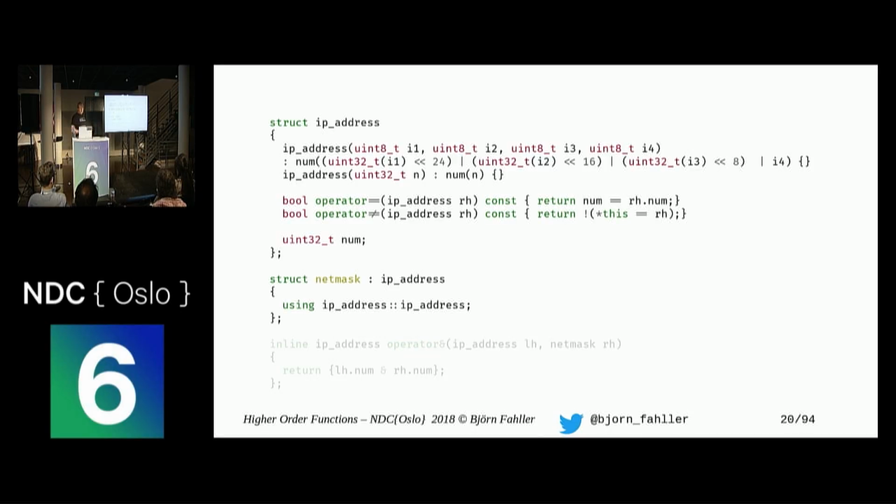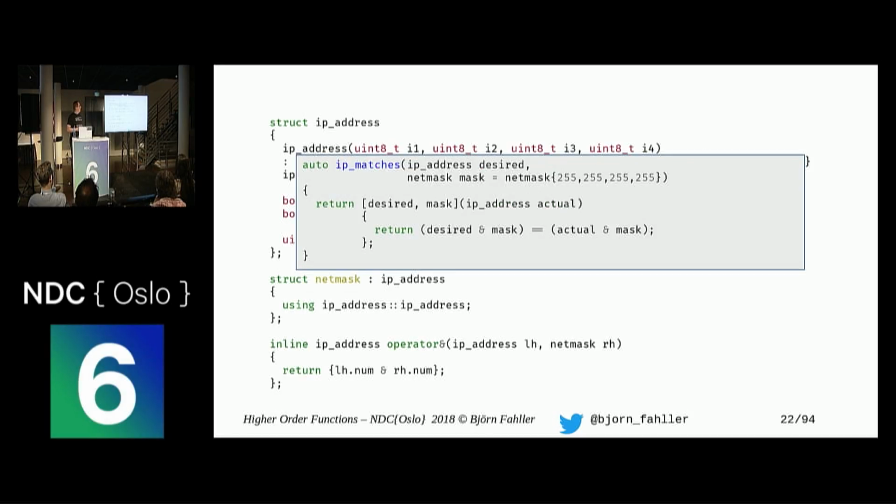We need a net mask that makes sense. A net mask is sort of an IP address, and I want to be able to do, well, masking of IP addresses and net masks to get a masked address. And with this, an absolutely obvious higher order function is IP matches.